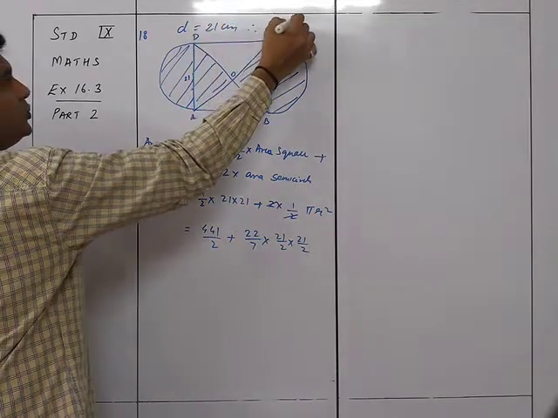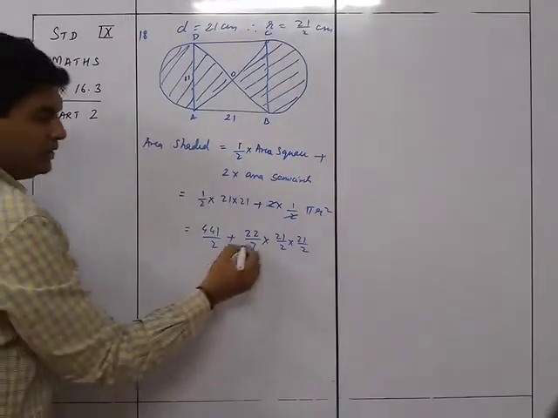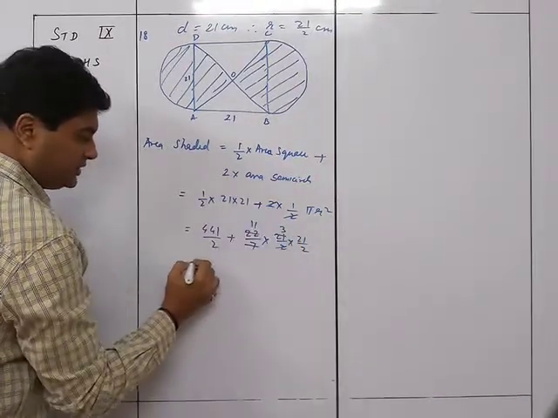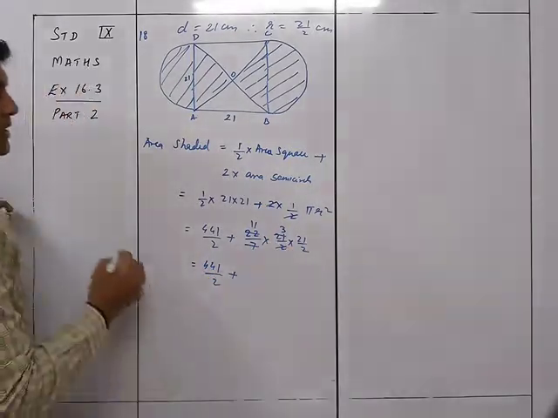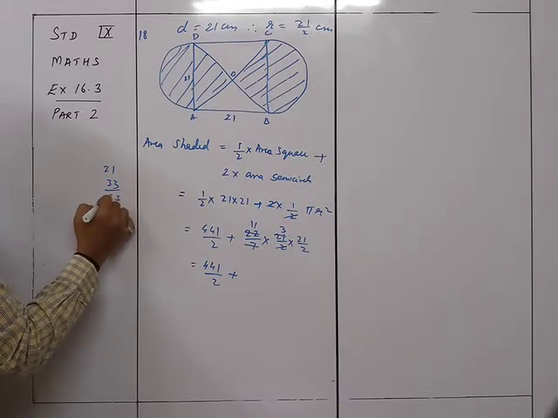Therefore R is equal to 21 upon 2 centimeters. Better. Okay. So this cancels to 3, this cancels to 11. So this is going to be 441 upon 2 plus 21 into 33. So 21, 33, 3 and 6, 6, 3.